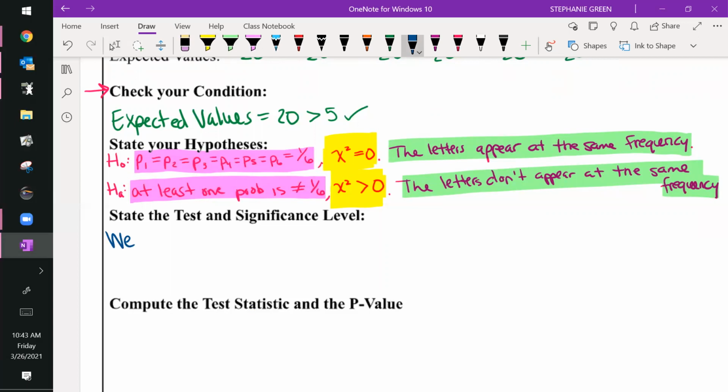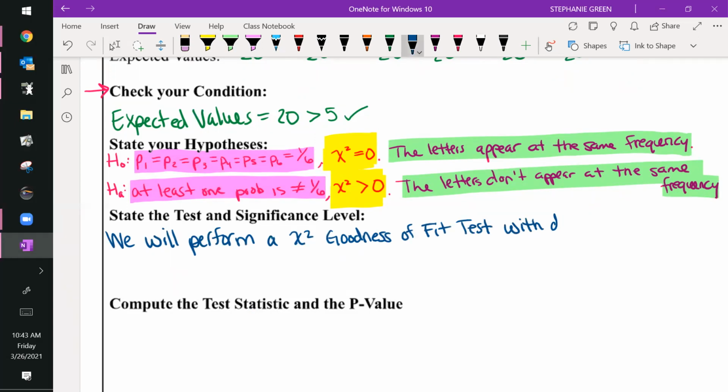So we are going to perform a chi-squared goodness of fit test with DF equals, we said, 5, at significance level alpha equals, let's do 0.05 like we normally do.